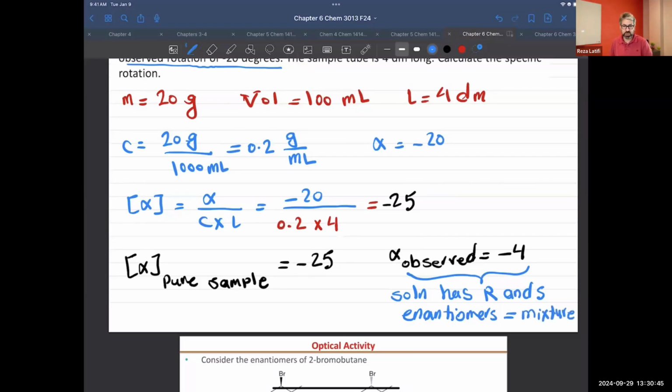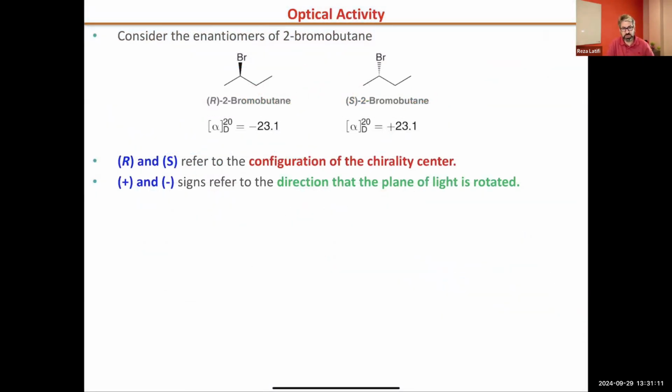Because you have a mixture, some of the second enantiomer will cancel the one that we have in excess. It will bring the rotation to only minus 4 instead of minus 25. When it comes to rotation, R will have exactly the opposite of S. The rotation will be exactly the same, but the only difference between them will be the sign. The numbers will be the same. So R and S will have opposite configuration.